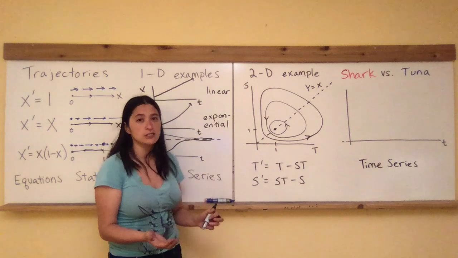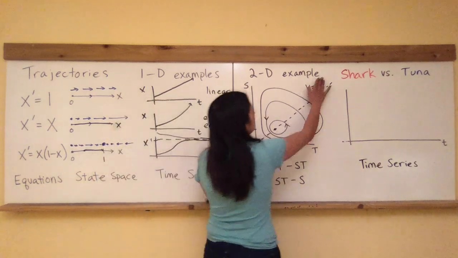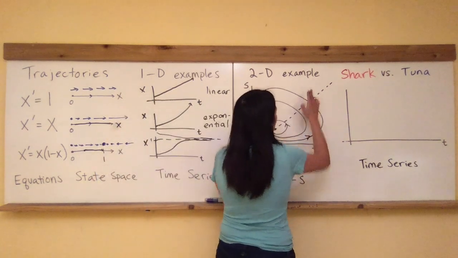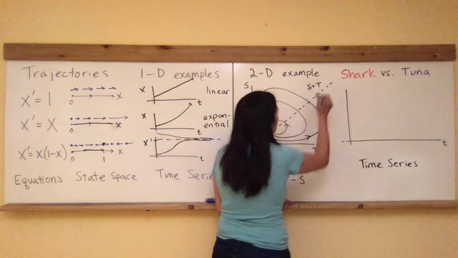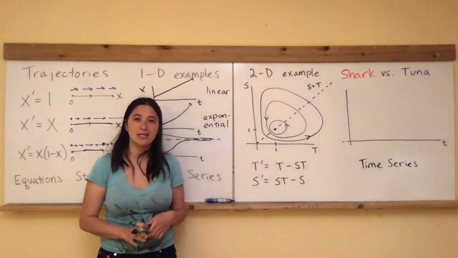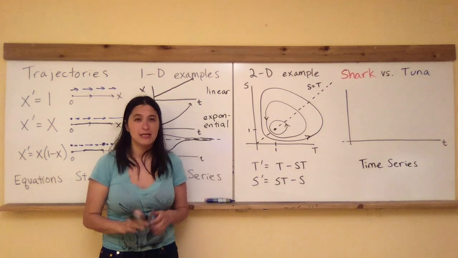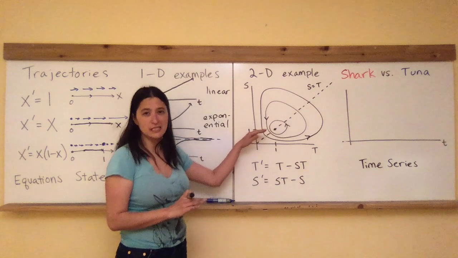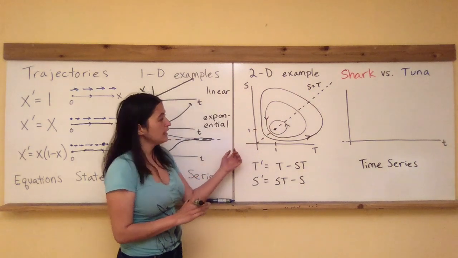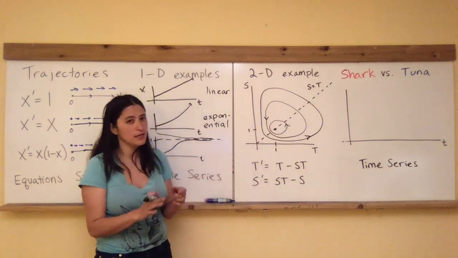In this case, our state variables are actually T and S, and so instead of calling this diagonal line y is equal to x, I might call it S is equal to T instead. But the idea is the same. You can easily draw a line that represents the diagonal, and it gives you a place to start.